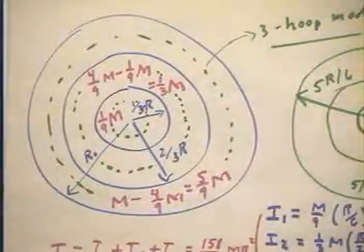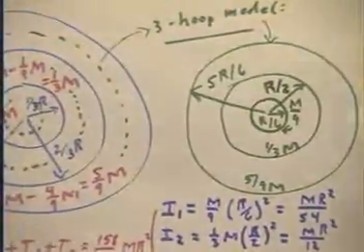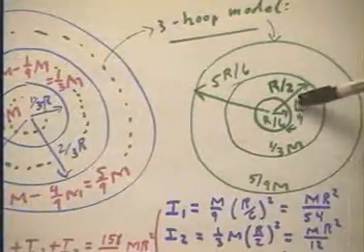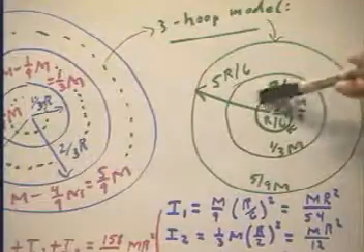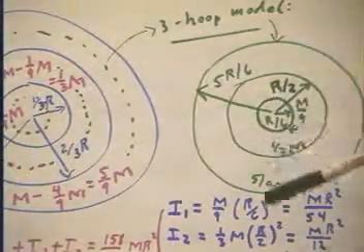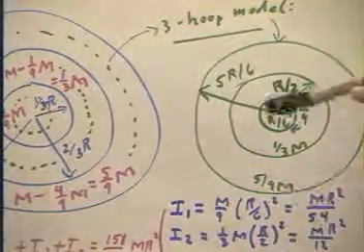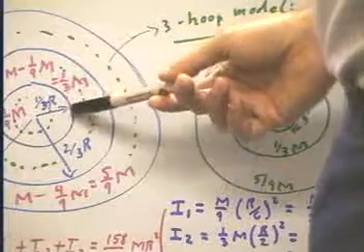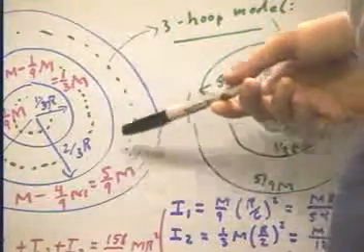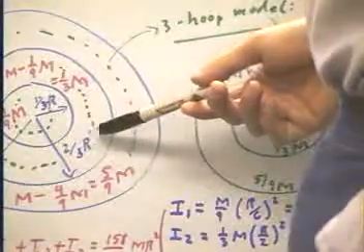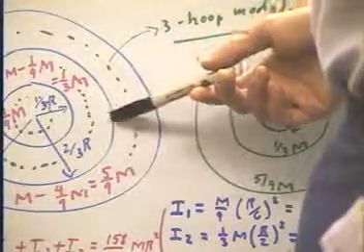We can see that over here. We have a radius r over 6 and a mass m over 9. And now this is a hoop. We've collapsed the disk into a hoop. Then we collapse the first ring, between the 1/3 r and 2/3 r radii, into a hoop that's halfway between these radii.